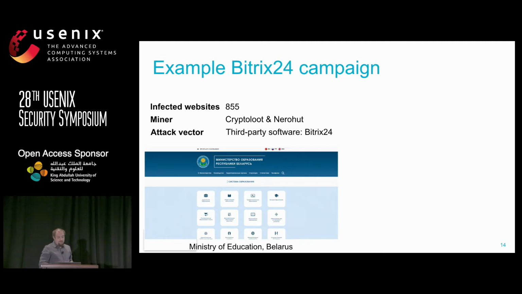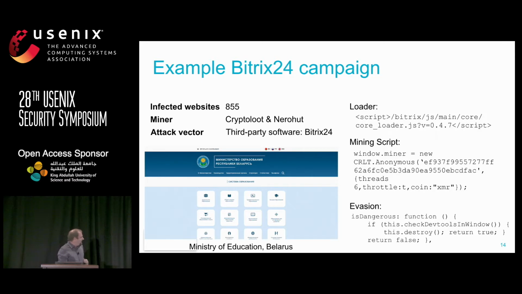That is somebody who is targeting the Bitrix24 customer relationship management system, has found a vulnerability there, and is infecting 850 websites. The most prominent victim was the Ministry of Education of Belarus. And what was interesting about them is that it was specifically targeting this application, and the miner was swappable. So they could mine for 2 different sites, and they were randomly deciding which one to pick at a given moment.